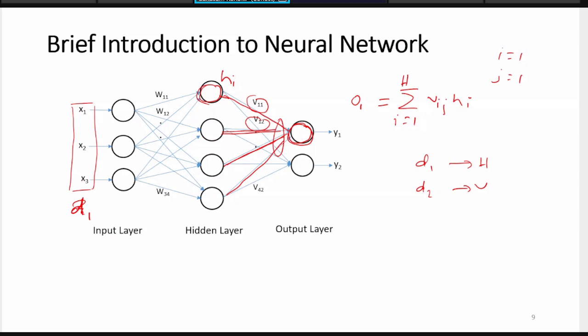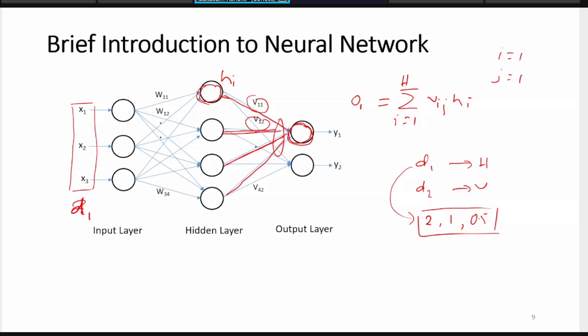Vector means I'm going to have some real numbers here. Somehow, using some method, I have transformed D1 into a vector of something like 2, 1, 0.5. So I transform my sample into some vector.